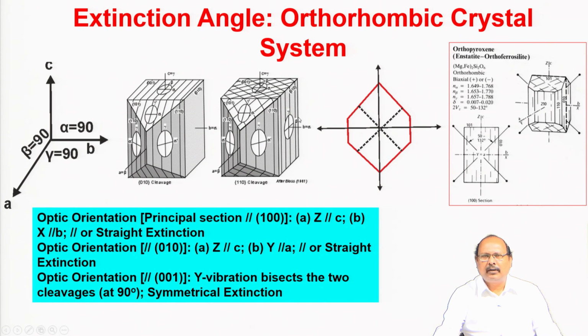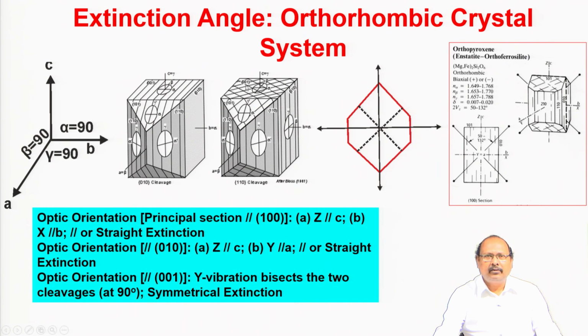So, in the 0 1 0 plane, the mineral will show straight extinction. The same you can also see in this plane, the 1 1 0 plane, as I have discussed. Here also the crystallographic axis coincides with the vibration direction. So, in the 1 1 0 optic orientation as well, it will show straight extinction.